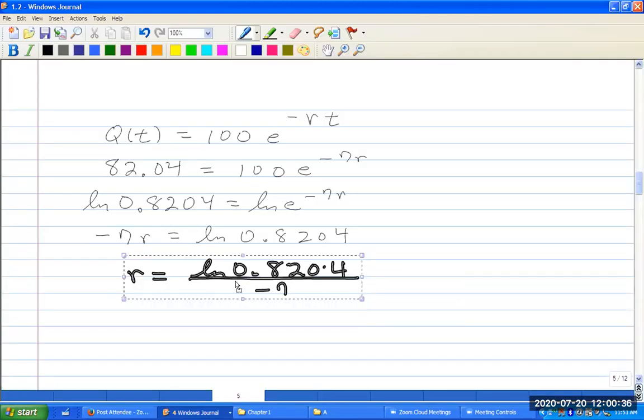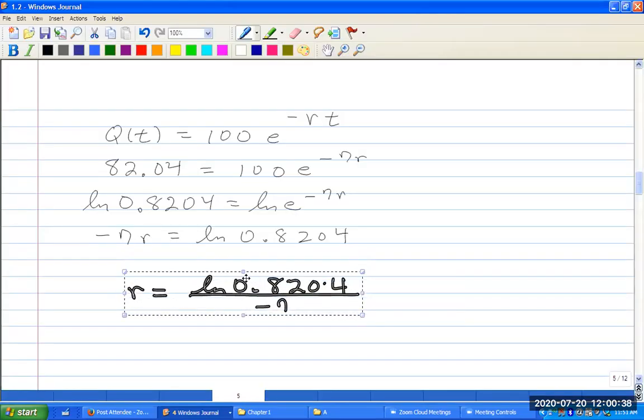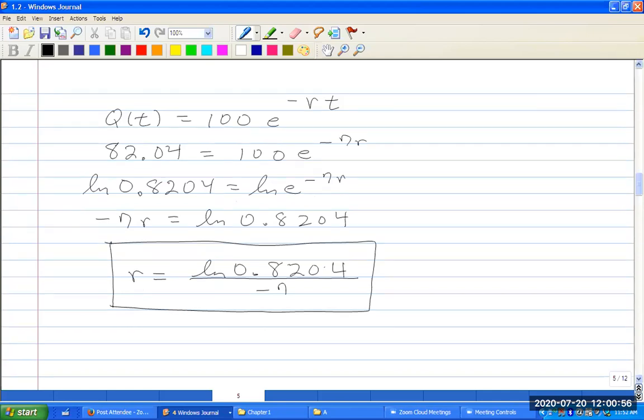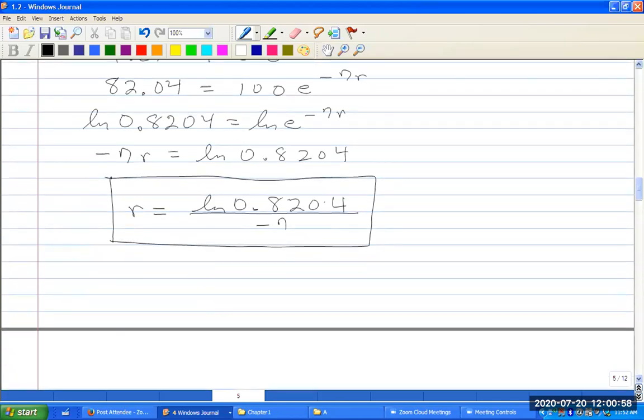Okay, so now let's figure out B. For part A, we just wanted to figure out r. For part B, we want to figure out what the expression is. We're almost done.